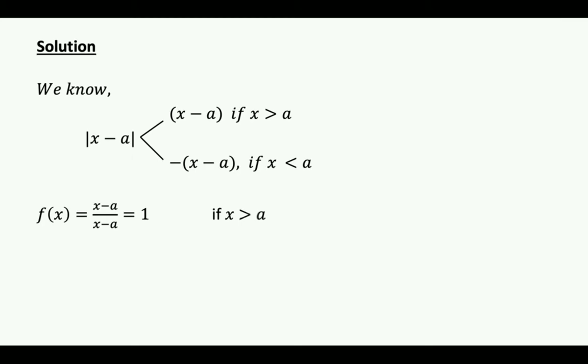So for x greater than a, f(x) equal to modulus (x minus a) upon (x minus a) equal to 1, and for x less than a, f(x) equal to modulus (x minus a) upon (x minus a) equal to minus of (x minus a) upon (x minus a) equal to minus 1.